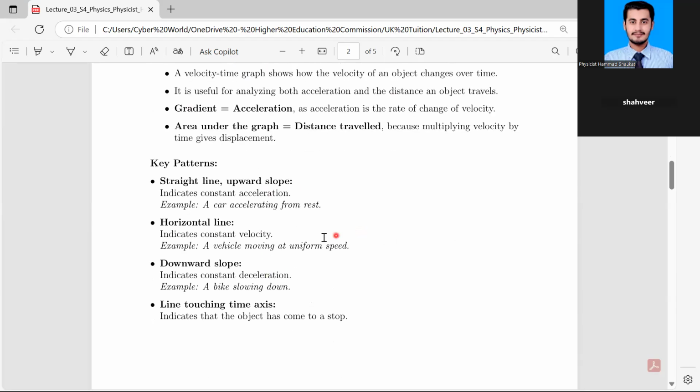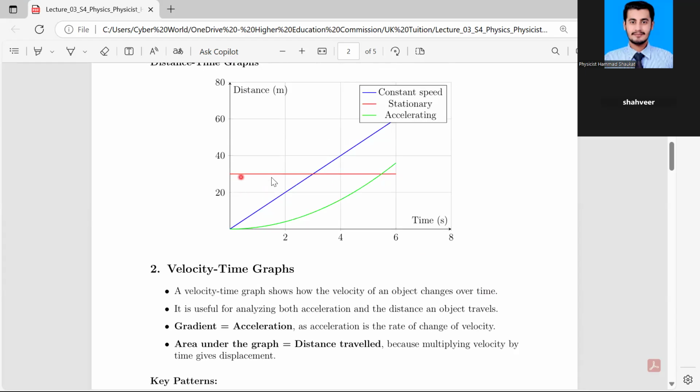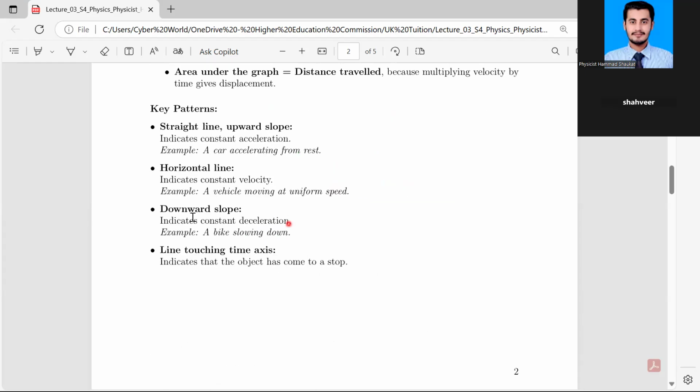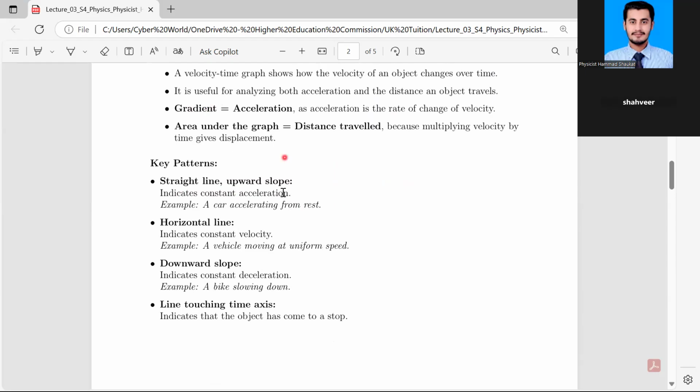And if there is a horizontal line, like the red line which we see here, then in a velocity time graph you can say the body's velocity is constant, meaning velocity is not changing.